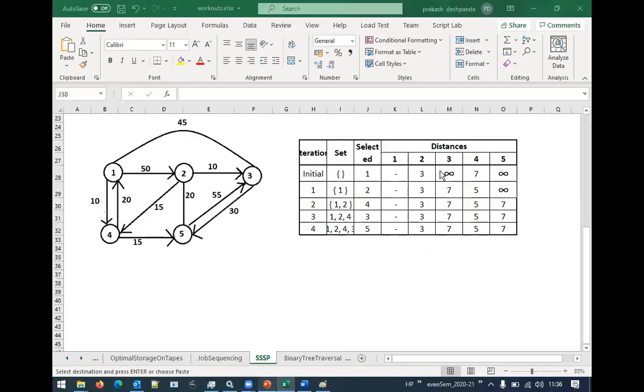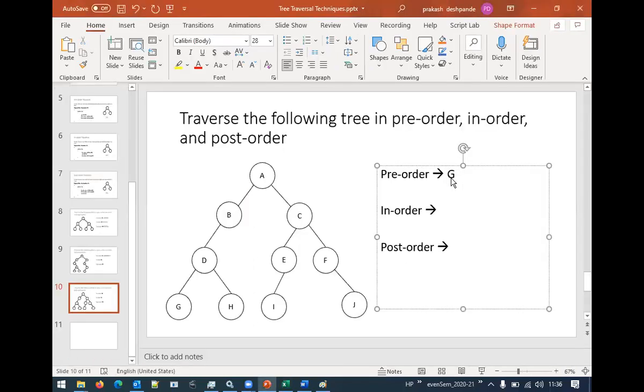What is the in-order values? Sorry, I'm sorry. Pre-order. Pre-order: A, B, D, G, H, C, E, I, F, J. This is something you said now. I'm not writing myself.